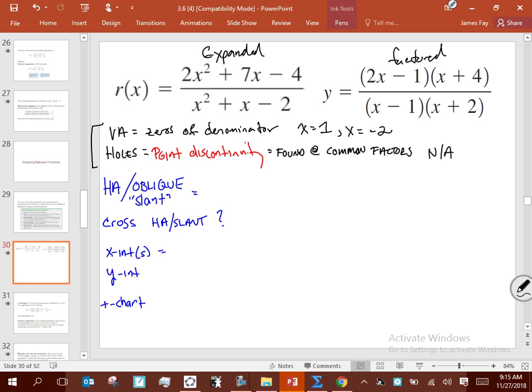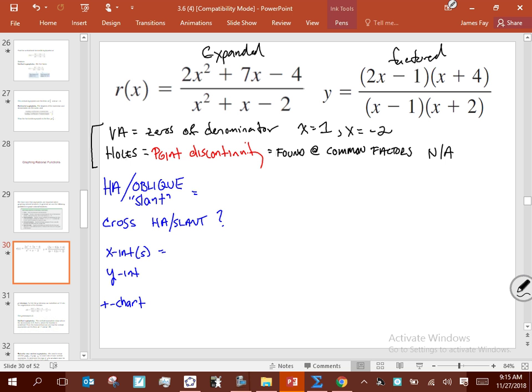I wanted to give you the factor form so we save a little bit of time. But we should be able to recognize that when we do factor that bottom, when x is 1, we get division by 0. When x is negative 2, we get division by 0. So those are going to be, when we graph this, our vertical asymptotes, which is the visual cue that tells you you cannot have an ordered pair on that vertical line.